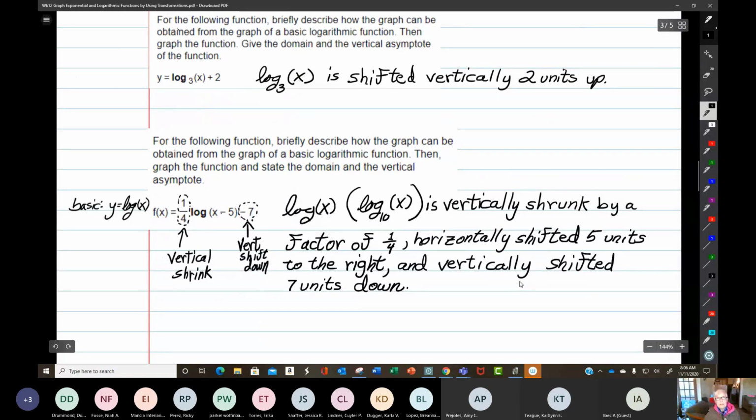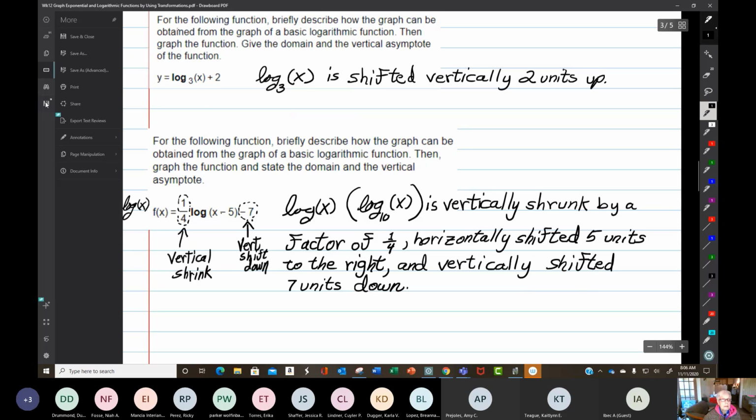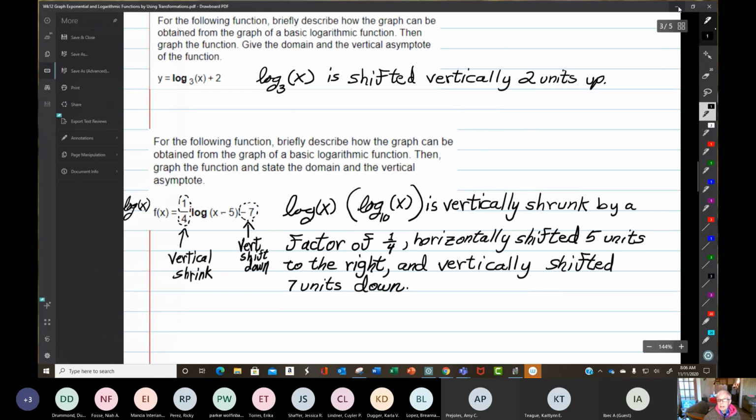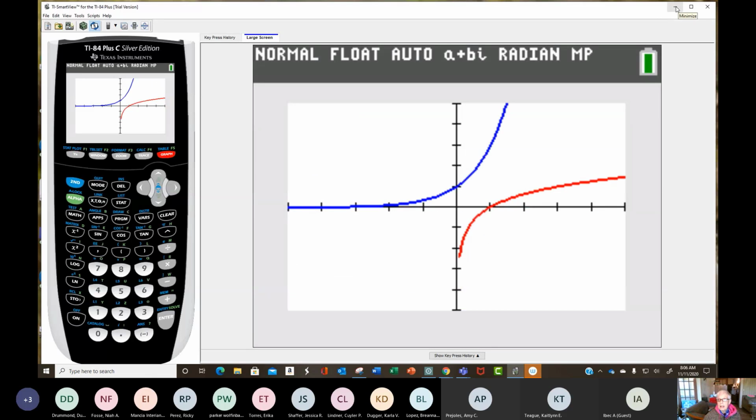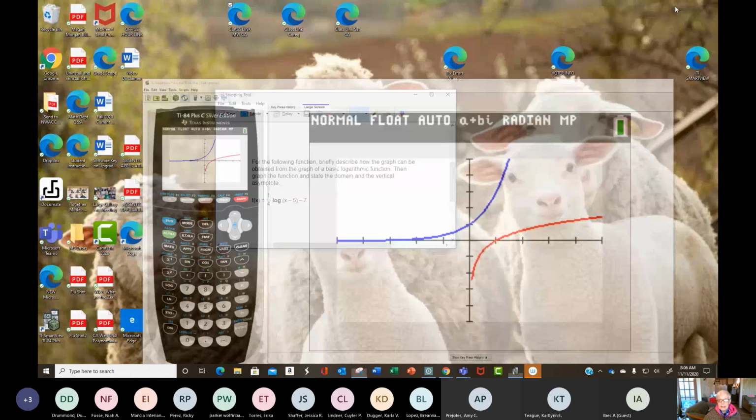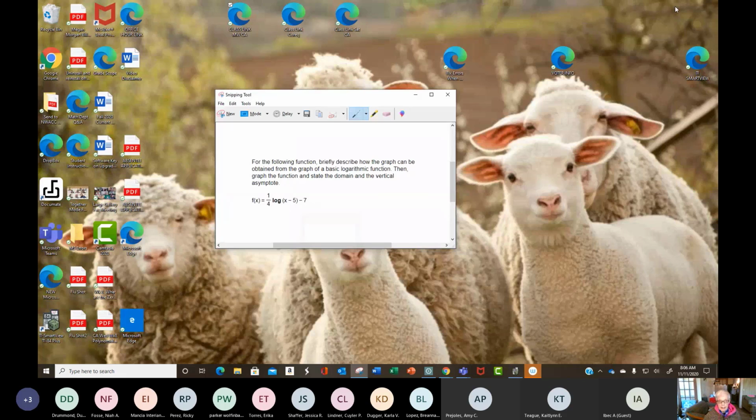Now, let's go actually do some problems on my math lab. Let me save. Then I'll minimize this, and I'll minimize this, and I'll minimize that.